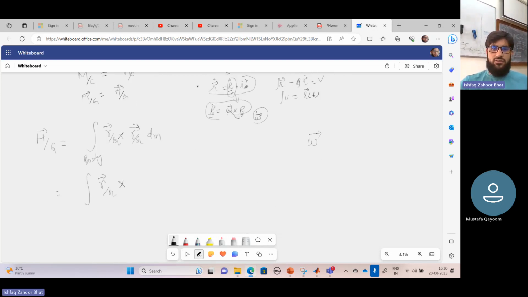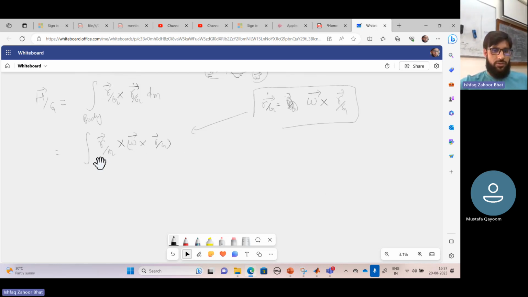We have calculated it. R dot is nothing but omega cross R. So R with respect to G dot will be equal to omega cross R with respect to G. Put it here: omega cross R with respect to G. Okay. So what will be the next thing? The next thing is so obvious that you should now predict it.